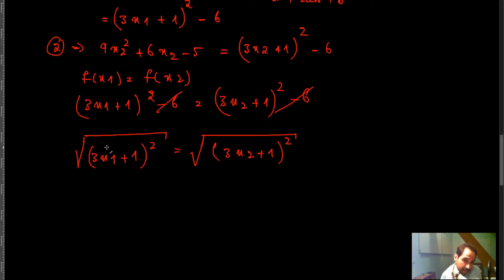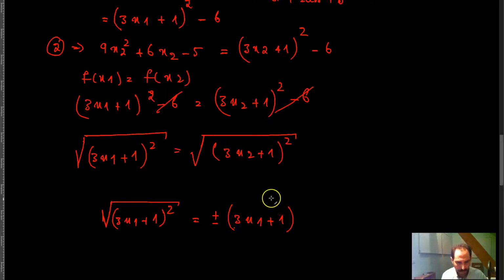Sometimes it's not possible to know, so in those cases, when you have, for example, the square root of (3x1 plus 1) all squared, and you want to take the square root of that, you have to write it as plus or minus (3x1 plus 1). There is no other way to do it. I mean, if there are no limitations on x, then you have to write it this way.